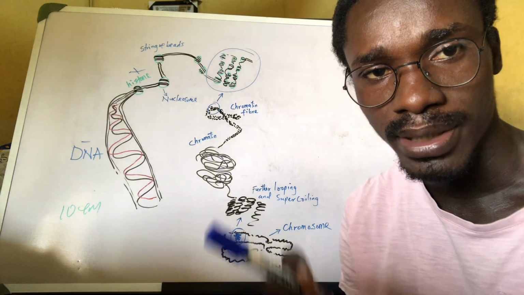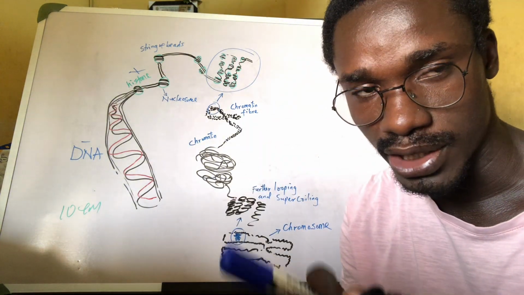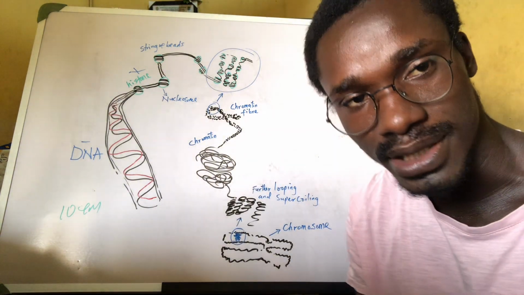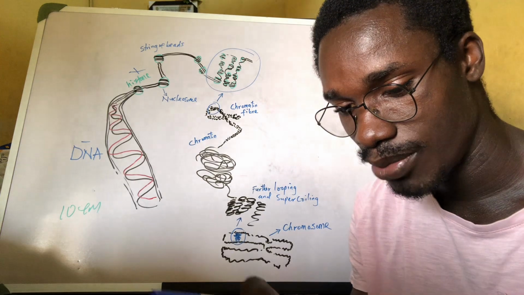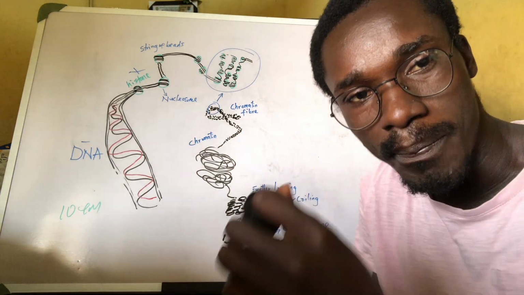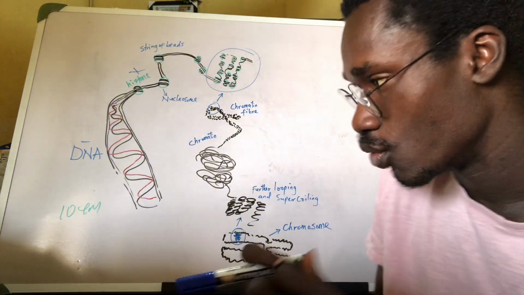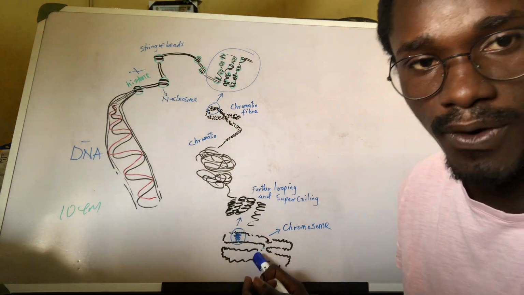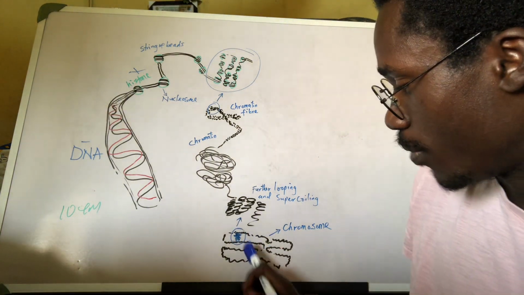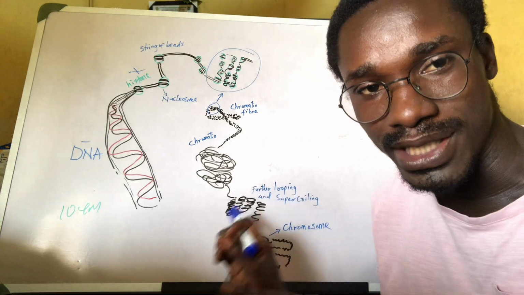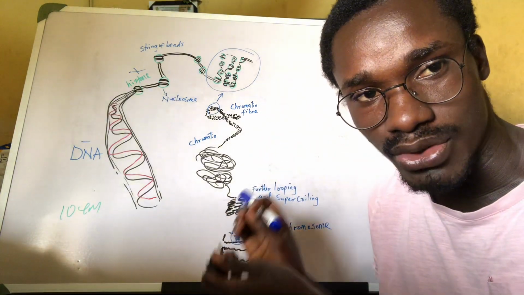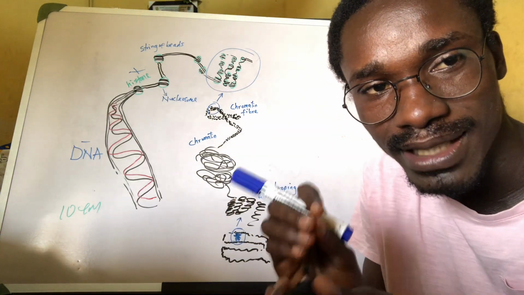So a chromosome is made up of DNA molecule and histone proteins. DNA molecule and histone proteins compact, coiled and supercoiled together to condense in this form. So now in this form, it will be easy for this particular structure to fit inside of the tiny cell.